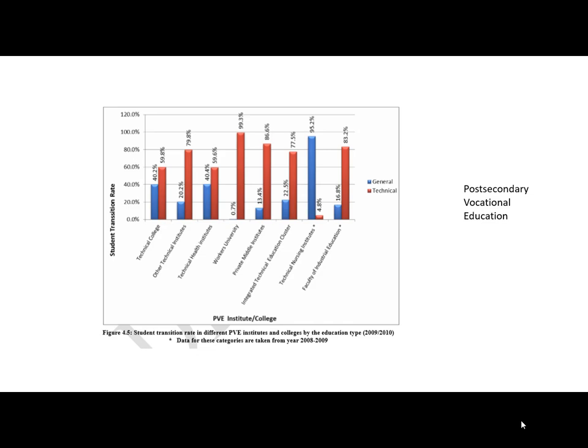This example here showed a graph for post-secondary vocational education. We have two classes, general and technical, and it's a clustered column graph, but the two columns add to 100.